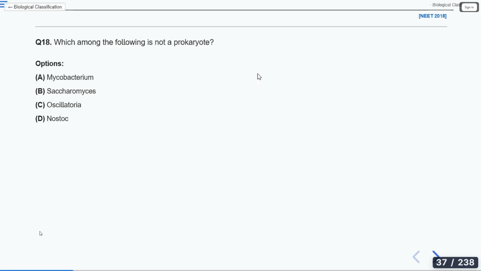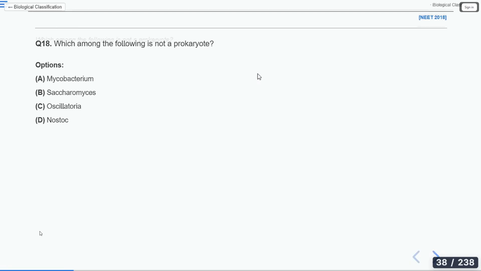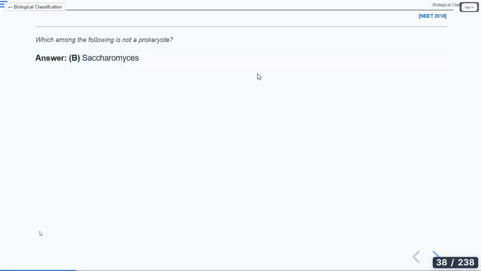Define prokaryote. Okay, no true nucleus and you cannot see any membrane-bound organelles. So that is a prokaryote. Okay, let's see the correct answer now. So Saccharomyces is not a prokaryote.